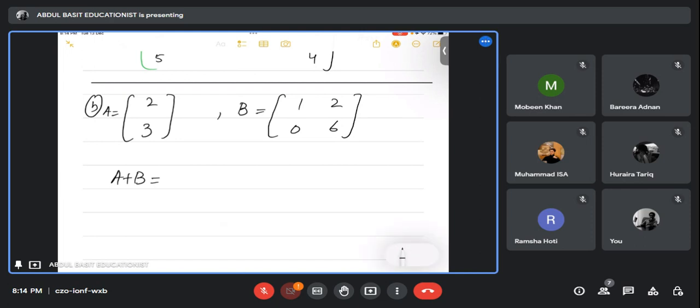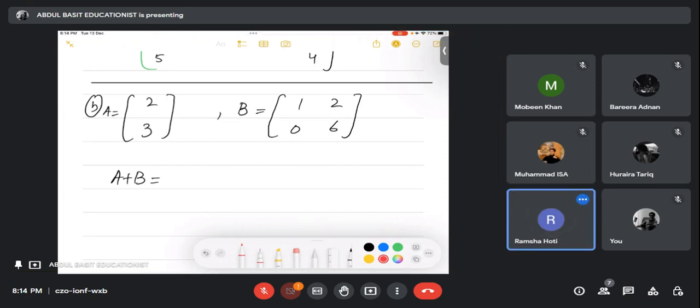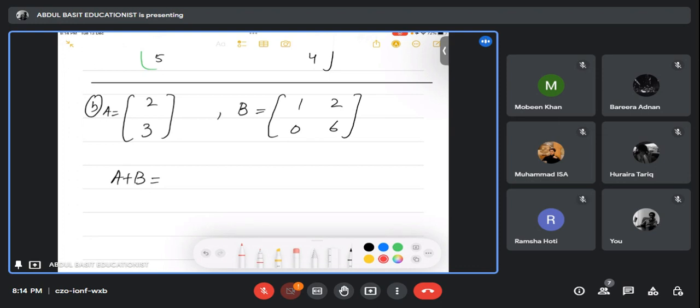I don't think so. We cannot add these two matrices. The reason is that in this matrix I have two rows but only one column, but in the second matrix B, I have two rows and two columns. So I cannot add them. I'll write a statement for the examiner that addition is not possible.